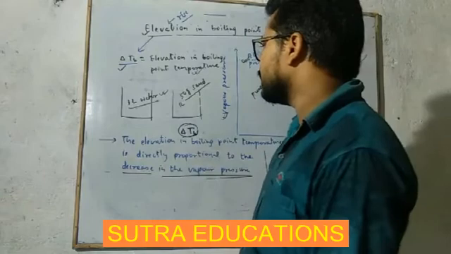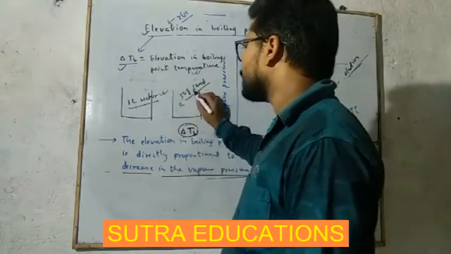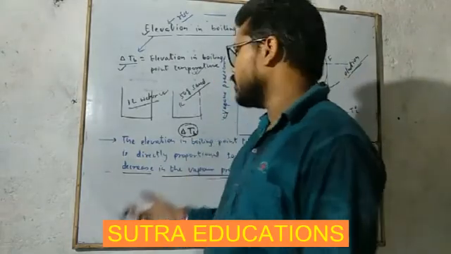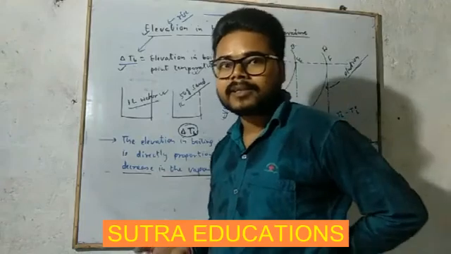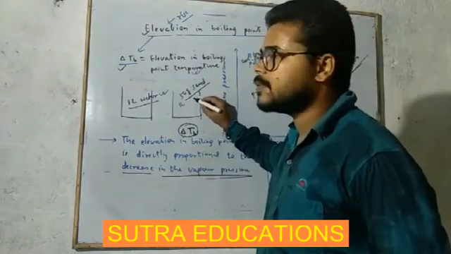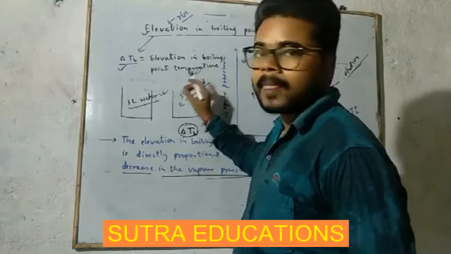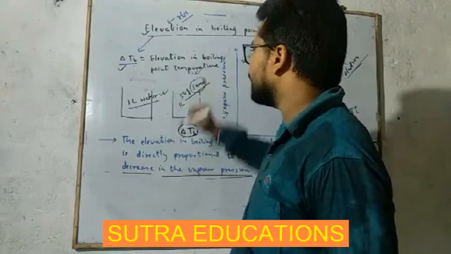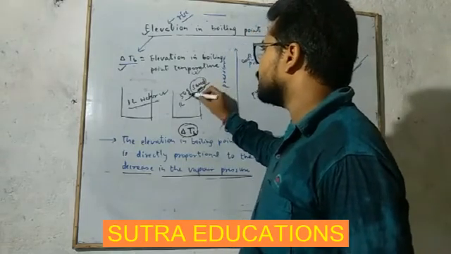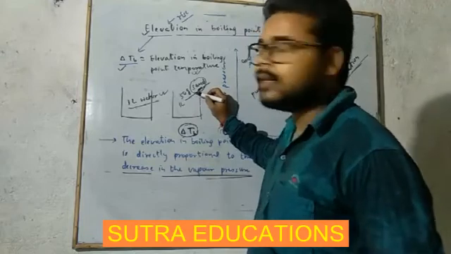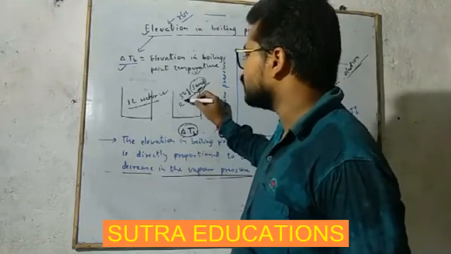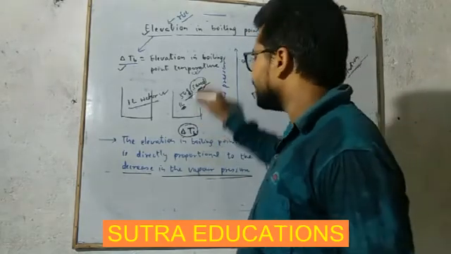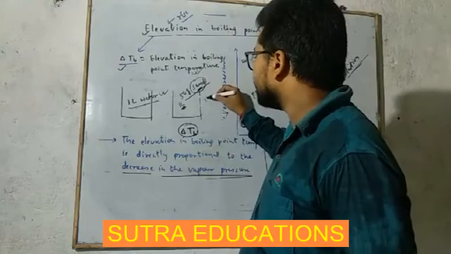Then what will happen? Evaporation is a surface phenomenon, as we have discussed many times. So some of the space of the surface will be occupied by the sand particles. So the addition of sand particles, which is a non-volatile solute, will decrease the formation of vapor of this water. Say the second time you add 100 gram of sand.